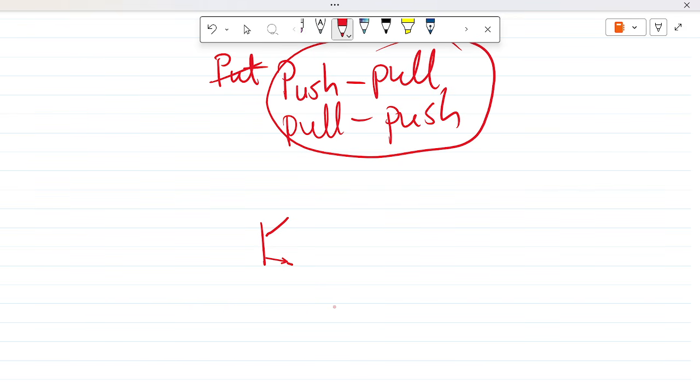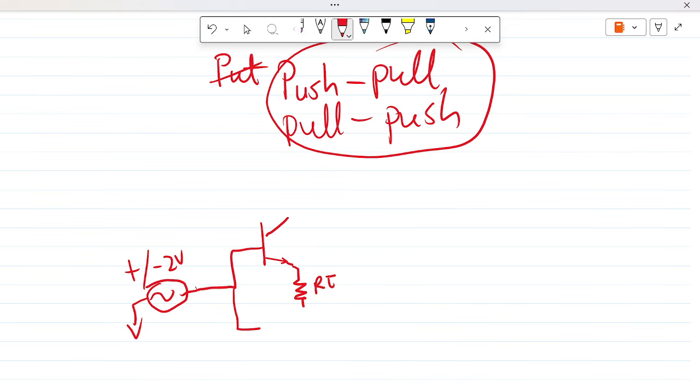So what we do is we connect the output this way. So we have our input signal coming in, AC. So this is our emitter resistor. So this is the NPN.